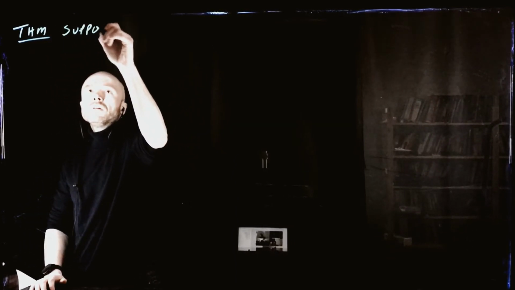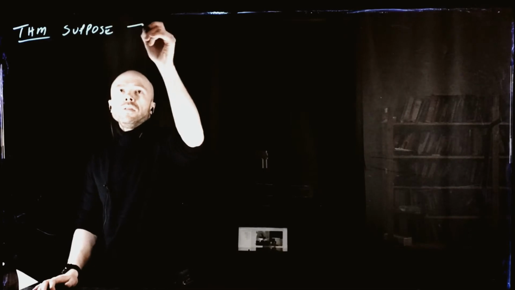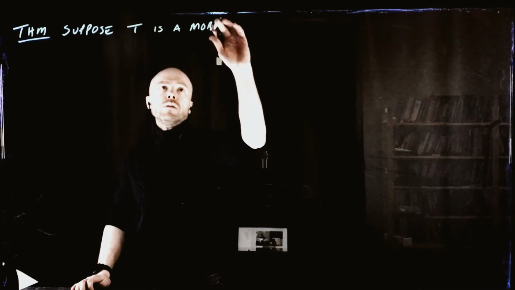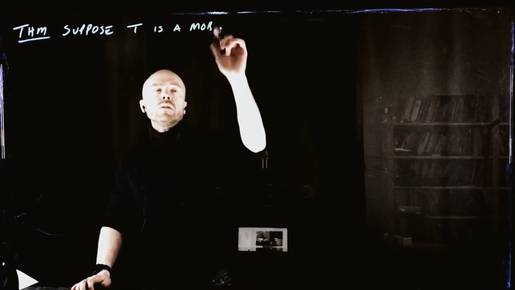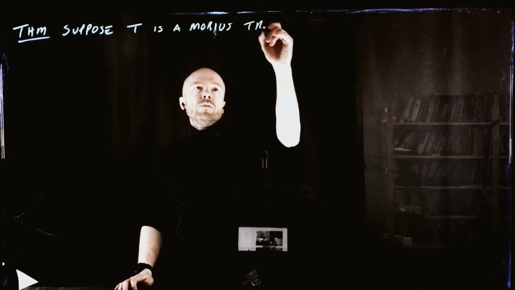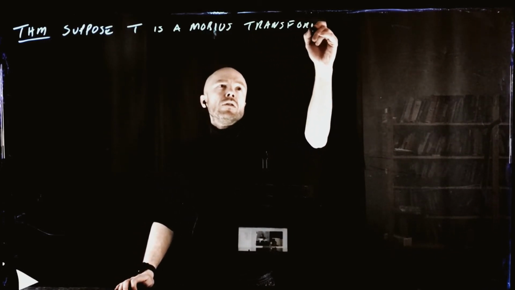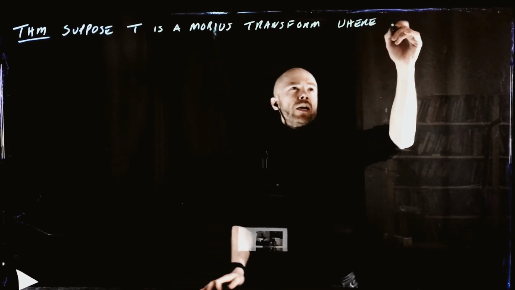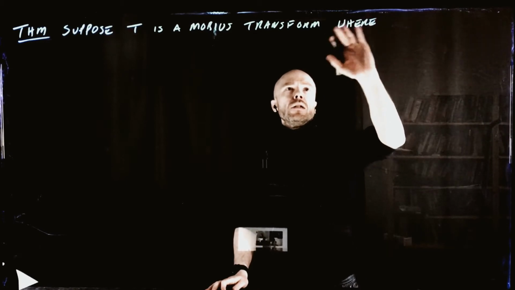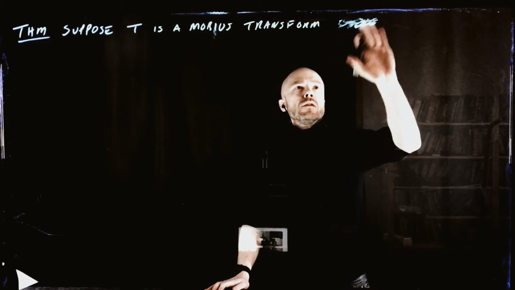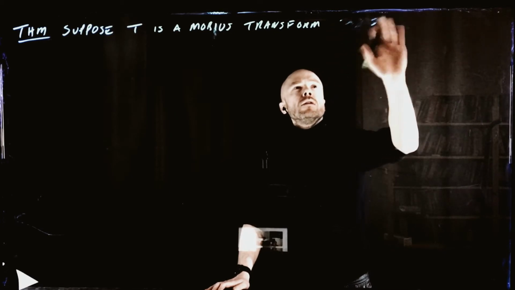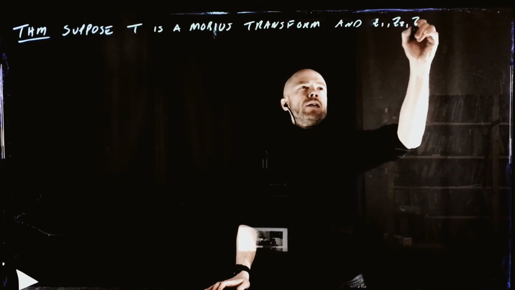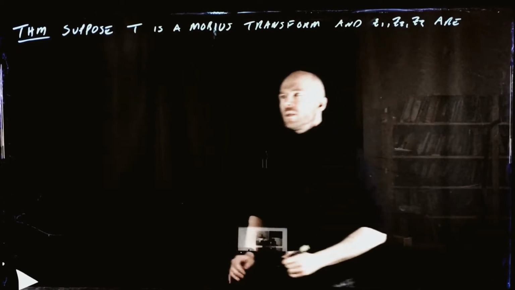Suppose T is a Mobius transform, and Z1, Z2, and Z3 are three pairwise distinct points.